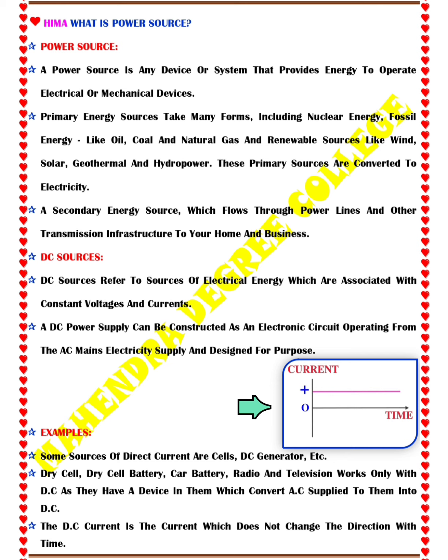Graphical representation: as shown in the image, DC is graphically represented by a straight line indicating a constant voltage and current over time. Characteristics: unlike alternating current, DC maintains a constant voltage and current, making it suitable for applications requiring stable power.